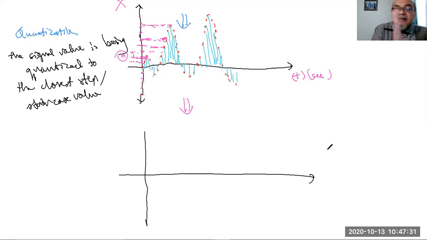This is not the loss in the time domain, but the loss of values in the magnitude of the signal itself. So instead of continuous values like this, we will have a step value like this.